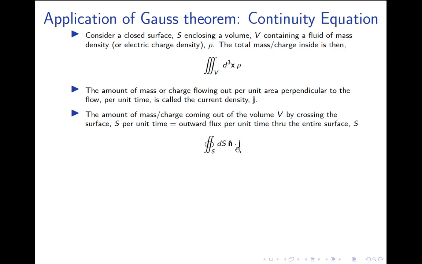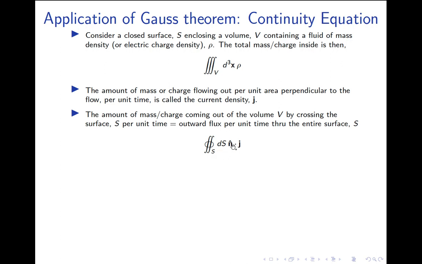So it's like you consider a small rectangular loop, then the amount of matter which is exiting normal to that surface per unit time is what J is. So this is the amount of matter per unit time.